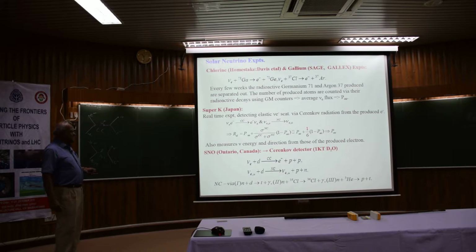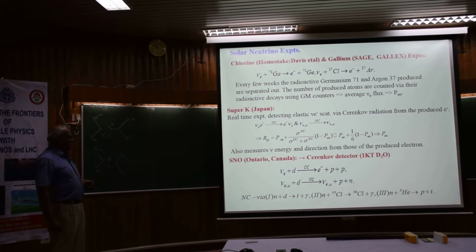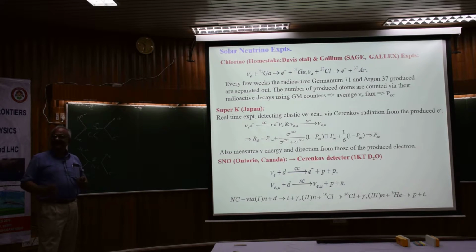SNO is a Cherenkov detector, but it has heavy water instead of ordinary water. So the target is deuteron, and deuteron has very small binding energy. You know, deuteron binding energy is 2.2 MeV.